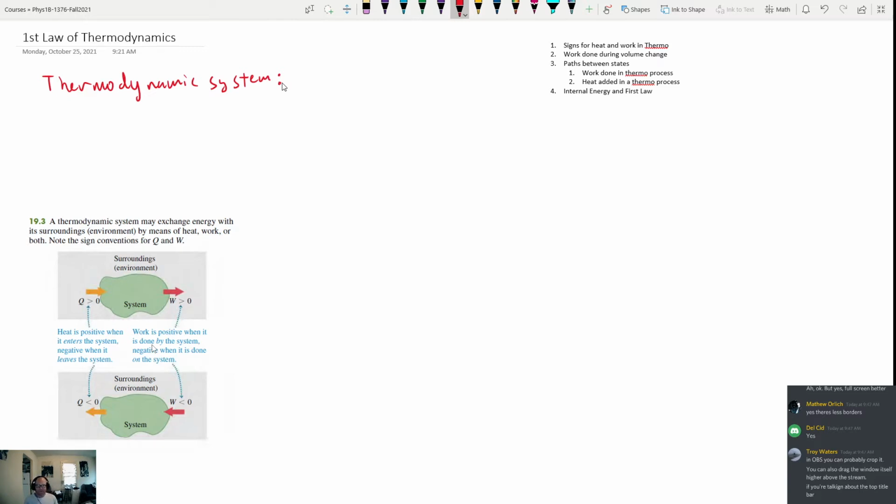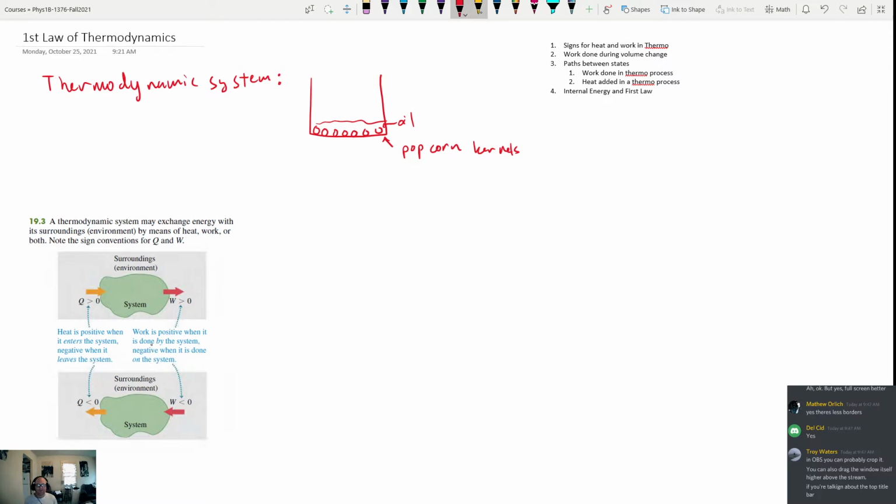So this is going to be anything that we can collectively call some type of a unit. An example of a thermodynamic system, the one that your book gives, is popcorn. It says you have like a vessel. This is a decently good example. And it's filled with kernels of popcorn down here. So you have like popcorn kernels. And you probably have some oil in here too. So we'll say there's some oil as well.